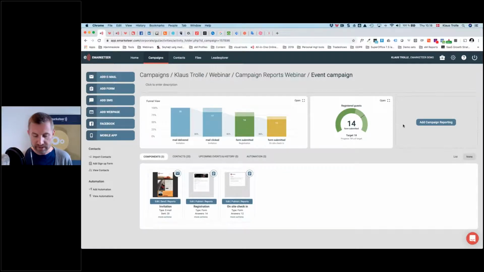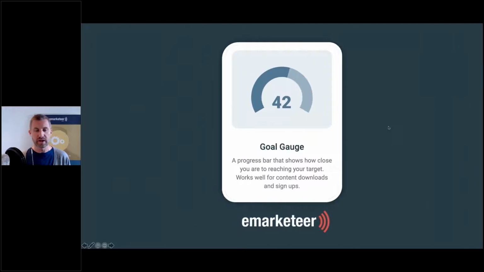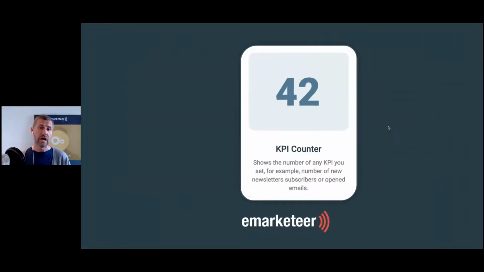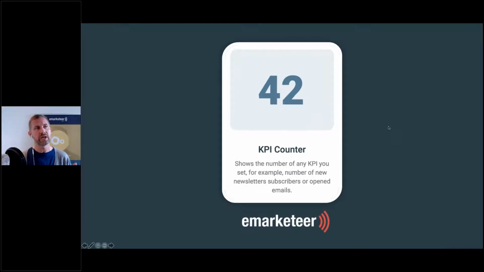Okay, I've got one more slot there available, so why not go ahead and add the last one, which is going to be the KPI counter. KPI counter is much like the goal gauge, but here I don't have to set a target. It just simply counts how many events have happened within the thing that I'm focusing on. Good for looking at a target, number of registrants, number of new signups, or number of leads generated.